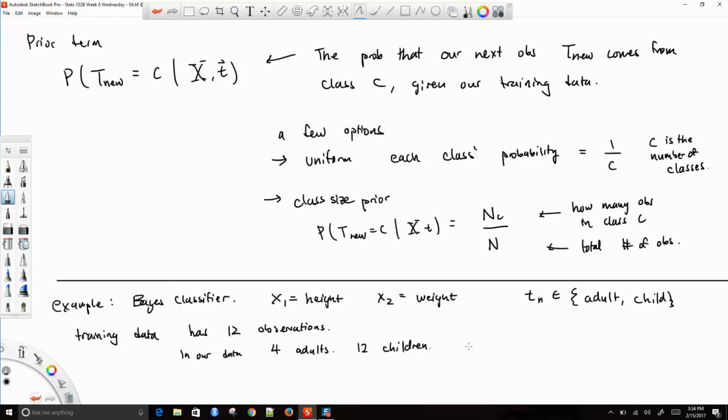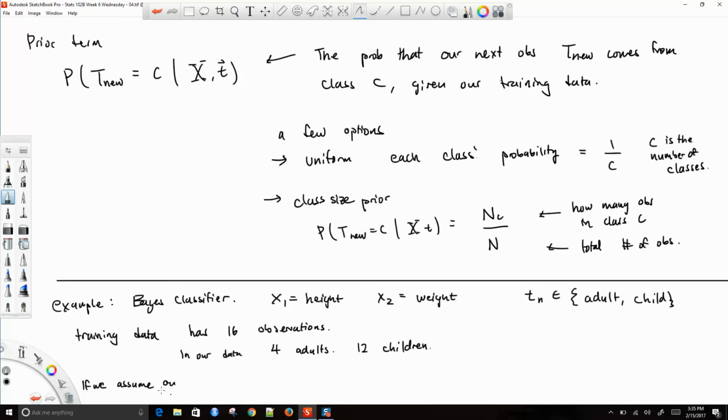Based on our training data, we're assuming it's being randomly taken from the population, whatever population this is. Is that 16 observations then? Oh, I'm sorry, yeah, 16 observations. So our training data has 16 observations.